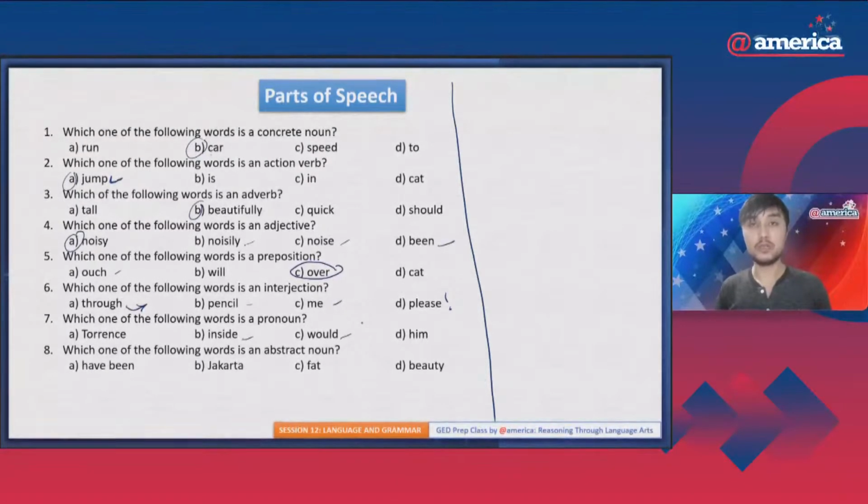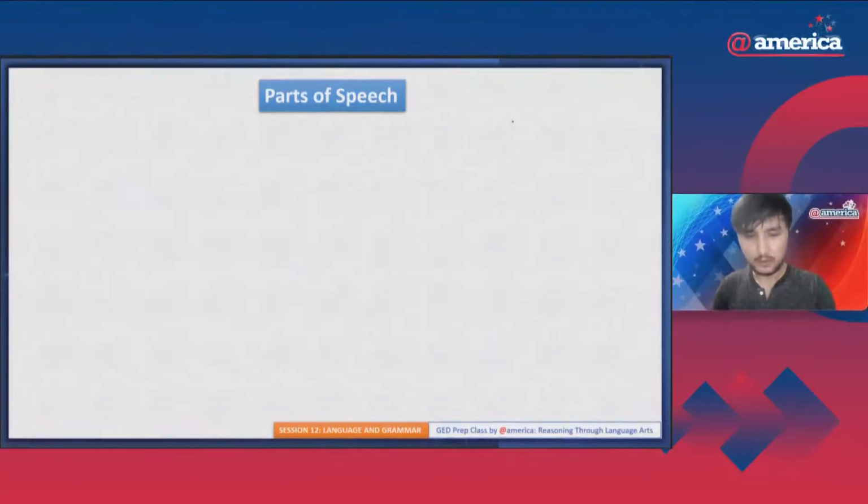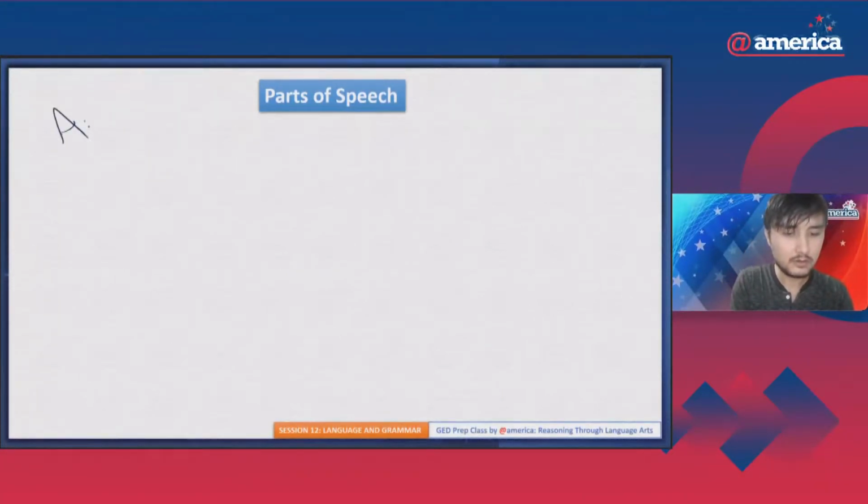And we have "would." Of course, I did not talk about it. Okay, so auxiliary verbs, I think it's time that I talk about it. It's something that I should talk about here. So I have to talk about auxiliary verbs or helping verbs.